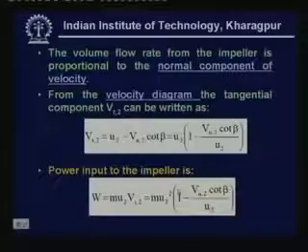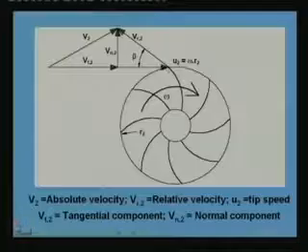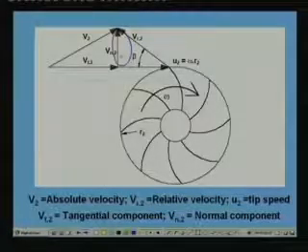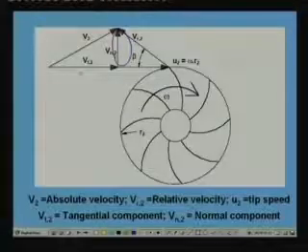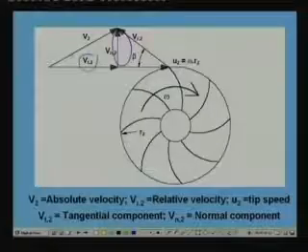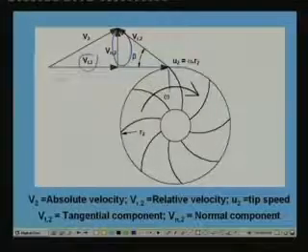Now the volume flow rate from the impeller is proportional to the normal component of velocity. So the volume flow rate basically depends upon this normal component, and we have just shown that the power input and torque depend upon the tangential component. This component can be written in terms of the tip speed u2 and the normal component.